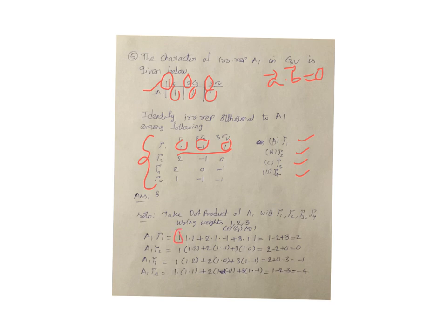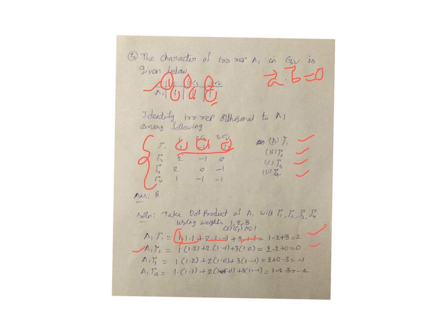So 1 into 1 into 1, 2 into 1 into minus 1, 3 into 1 into 1. So finally we got 2. Similarly, we take A1 into gamma 2.